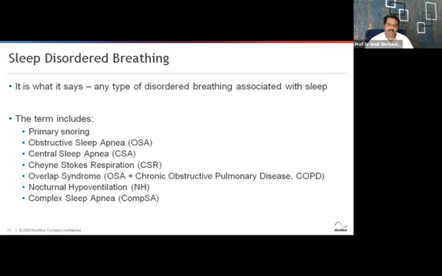It can be Cheyne-Stokes respiration where the stimulus works, but works alternately with hyperstimulation, or overlap syndrome where OSA and chronic obstructive pulmonary disease overlap. Then nocturnal hypoventilation, and a composite of everything which we call complex sleep apnea.